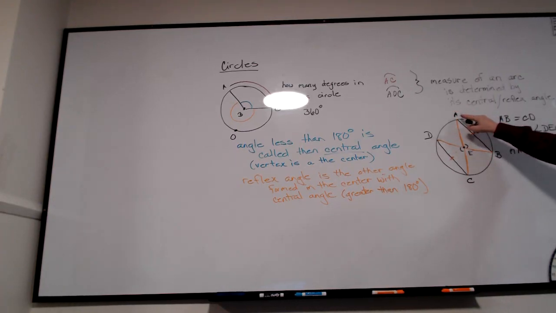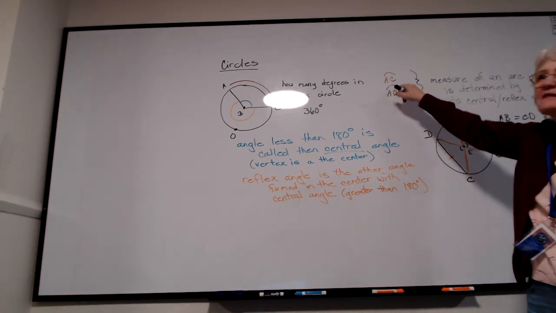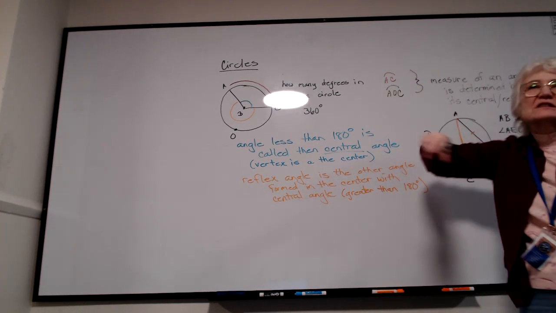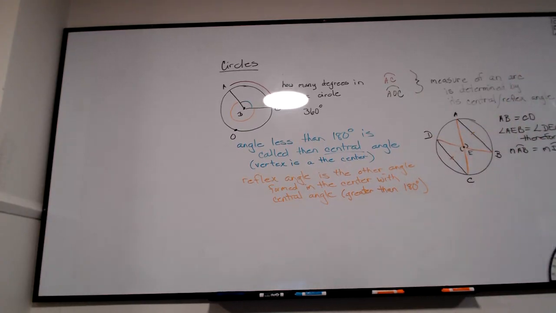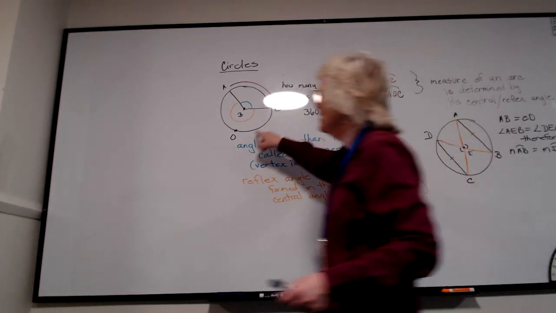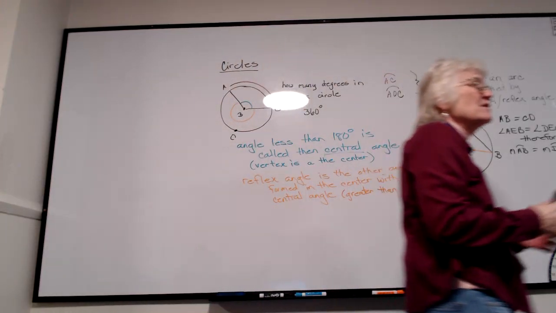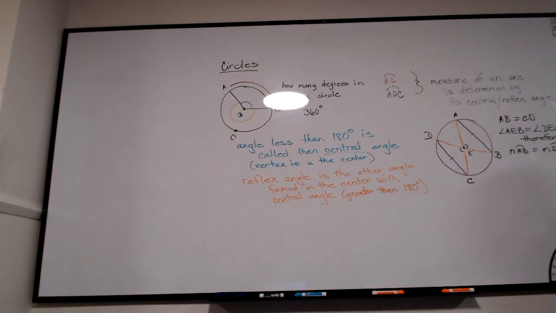An arc is written with an arched sign over it. We name it with two letters if it's the central angle, and three letters if it's the reflex arc.